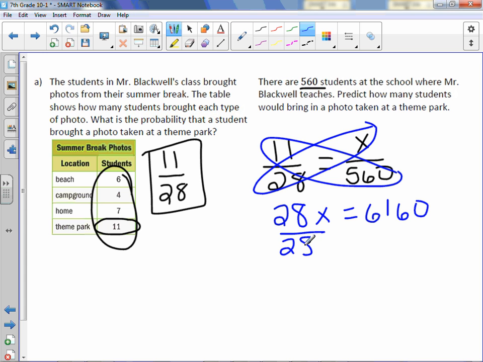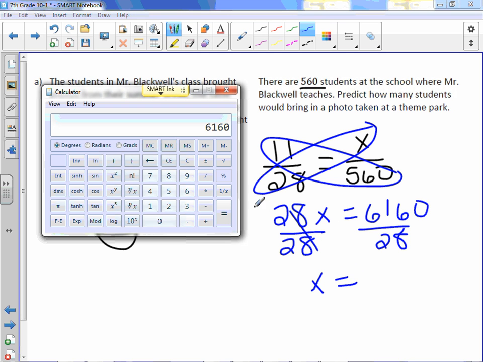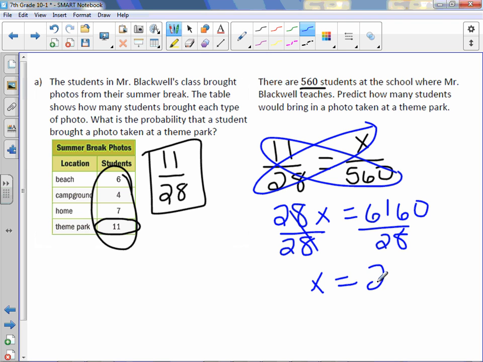Divide by 28. And we get 220. And we are talking about students, so 220 students.